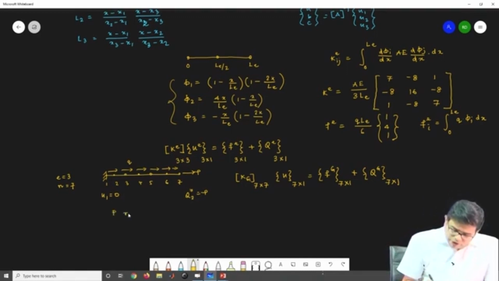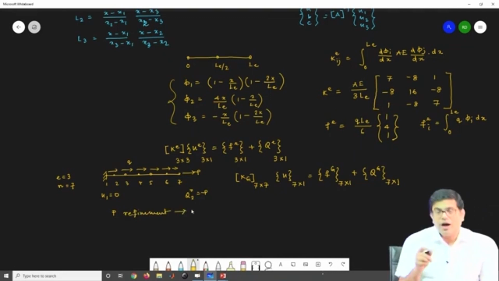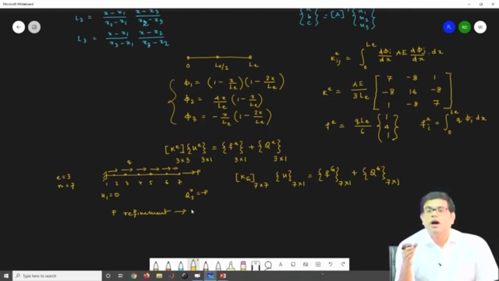So as you know, any approximate solution, if you increase the order of approximation, at least for elliptic PDEs, the approximation becomes better. Now it is more exact, or closer to the exact solution.